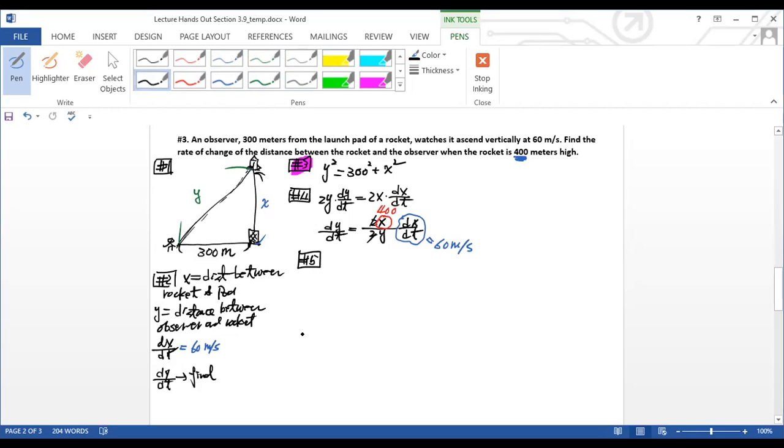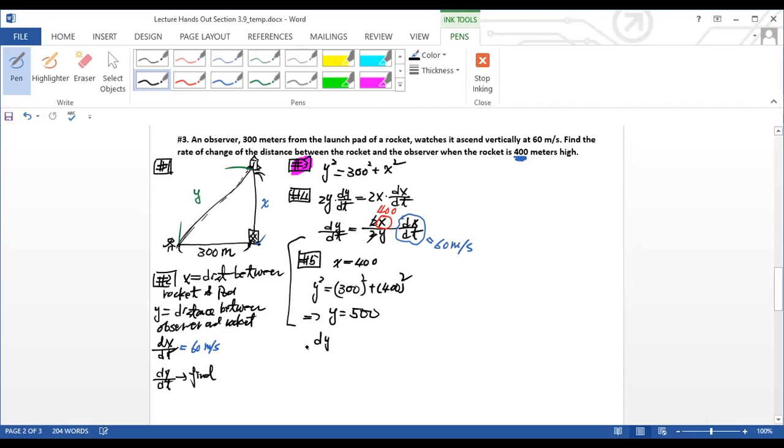And now I'm going to find the y here. I know that x is 400 meters high. When x is 400, what is the distance for y? I know y squared is equal to 300 squared plus 400 squared, and then y is equal to 500 here. Now I can just substitute back into this one here.